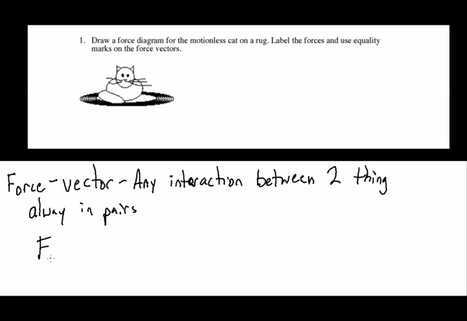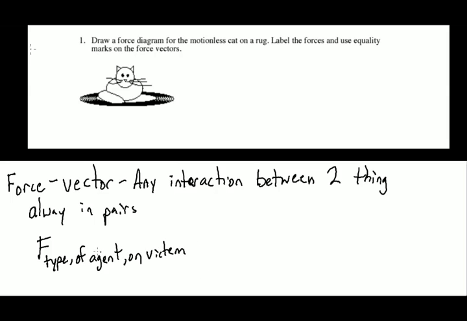When we are labeling a force, we're going to adopt this kind of notation. We're going to say F for force, capital F. We're going to identify the type, so we'll talk about that in a moment. We are then going to go with the, and the reading might say something else, but this is what I like, of the agent on the victim, for lack of a better word.